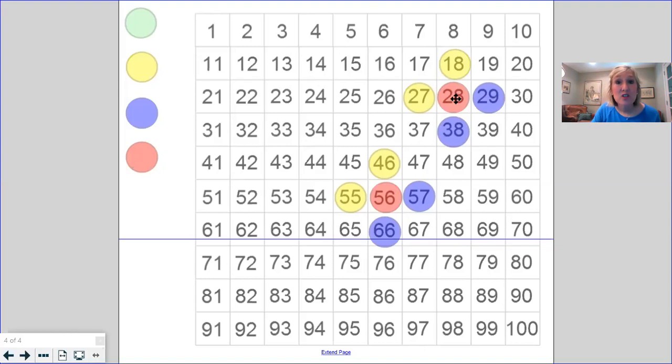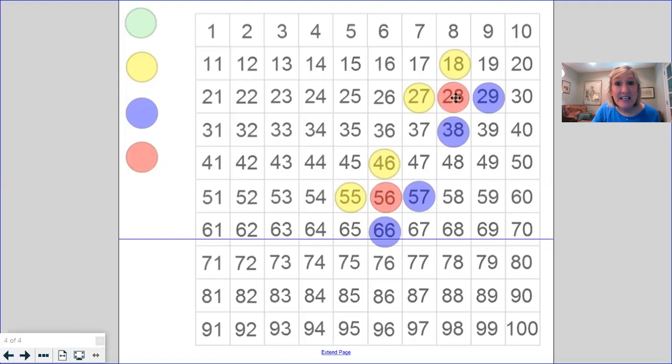If I wanted to know what 2 less than 28 is, I'm going to move to the left. I'm going to make the number get smaller and just move back 2 spaces. 1 less, 2 less. 2 less than 28, or 28 minus 2, would be 26.